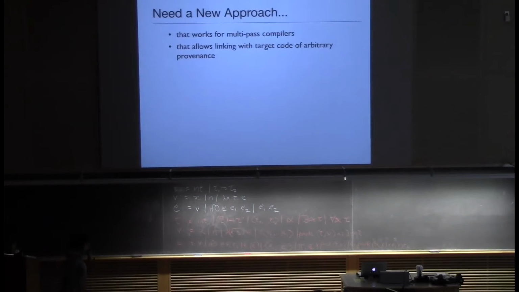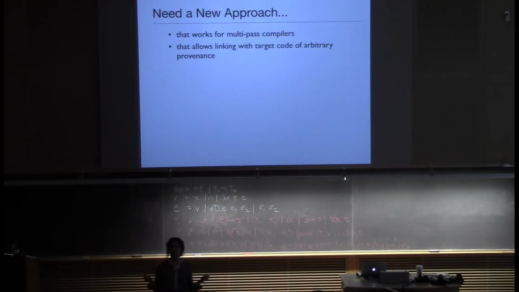All right. So basically what we need is a new approach. We need something that works for multipath compilers and that allows linking with target code that comes from anywhere. Okay? So now what I'm going to show you is an approach that my group has been doing for the last couple of years. But I'll admit to you up front, we're in the very, very early days.